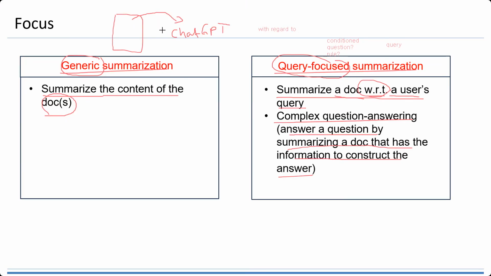That's generic summarization. But when you ask ChatGPT, for example, to show the important message from the document, then this is a query, because you have a condition.